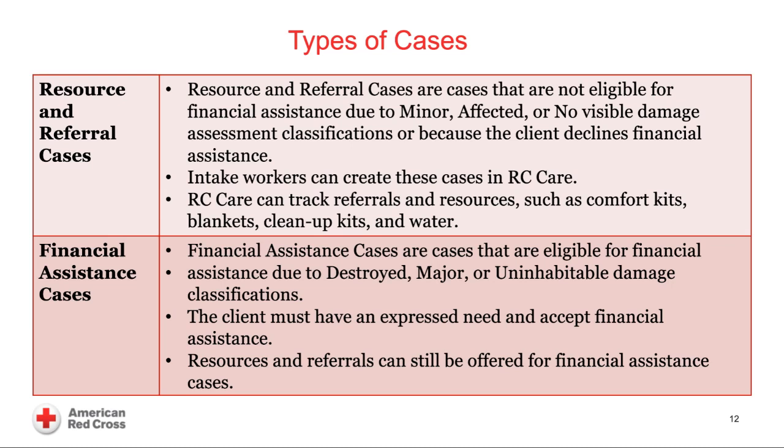So the types of cases that we have, before we get into the walkthrough of the process: most often, I think we will experience one in which we're providing financial assistance. As you can see on the slide, those financial cases are ones that are eligible due to the type of damage the home has experienced, specifically destroyed, major, or uninhabitable damage classification. In addition to that, the client must also express a need and accept the financial assistance that we're offering them.